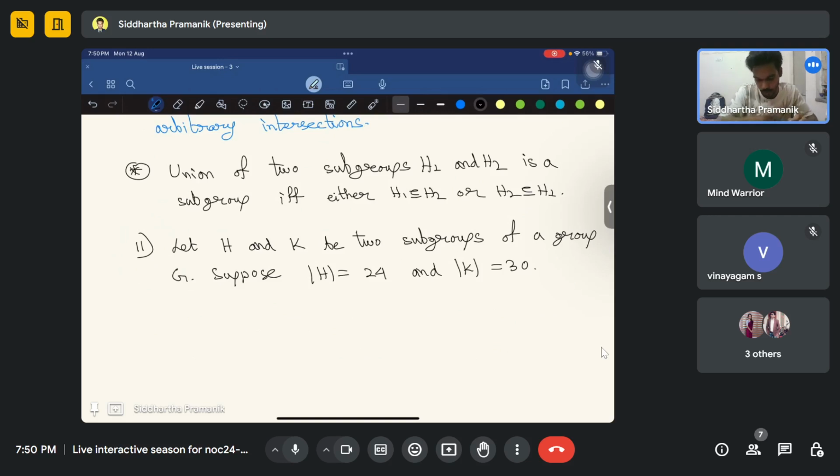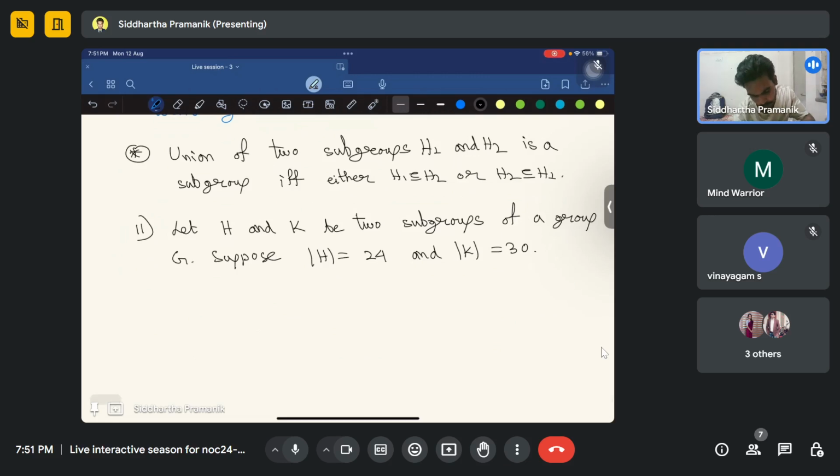That is not an issue. So if H1 and H2 are both normal subgroups, and suppose the union is a subgroup, then one of these two cases must happen. So in both cases, the union is either H2 or H1. So the union is a normal subgroup in that case. So that is a very particular case.